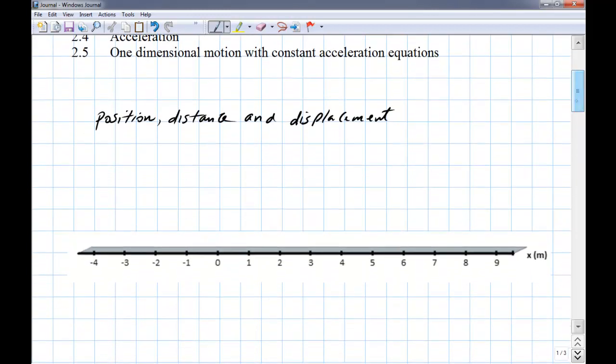And there's my piece of masking tape. And we'll also label the masking tape in accordance with the x-axis. So there's the 0 mark, and we'll label anything to the right as positive. Anything to the left of 0 is labeled as negative. Notice also that we're specifying the locations in meter terms.